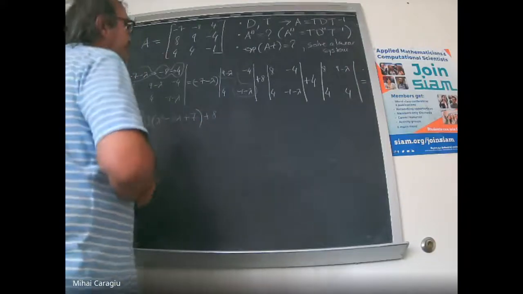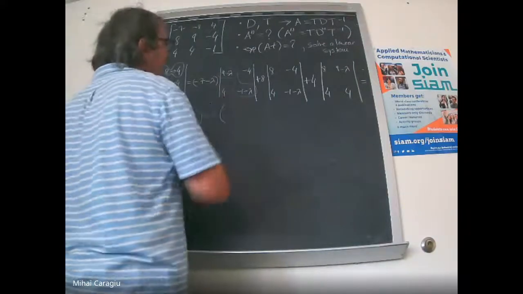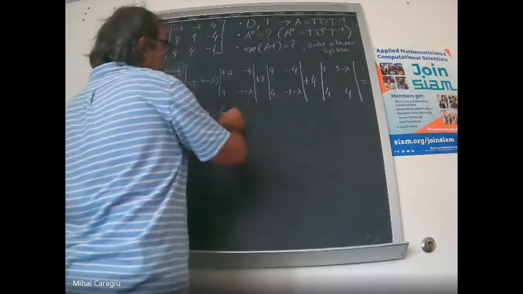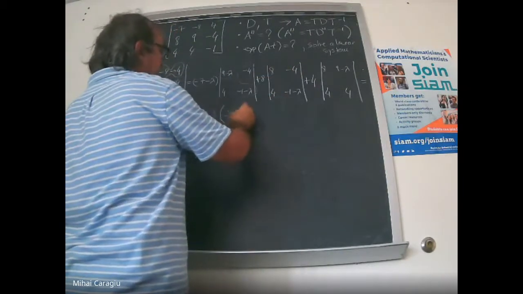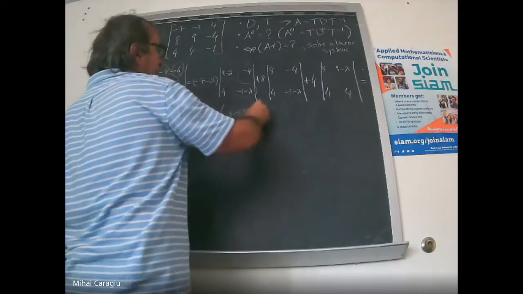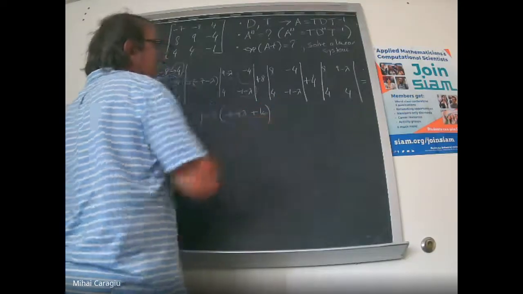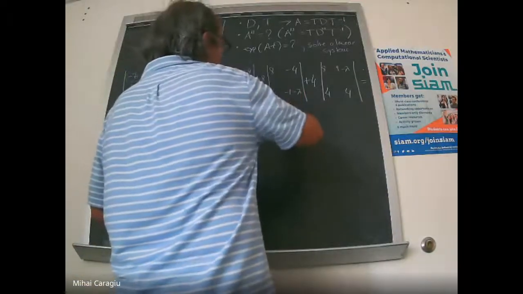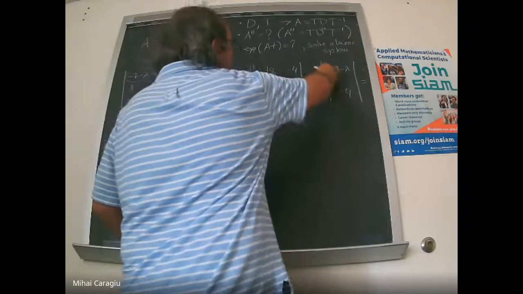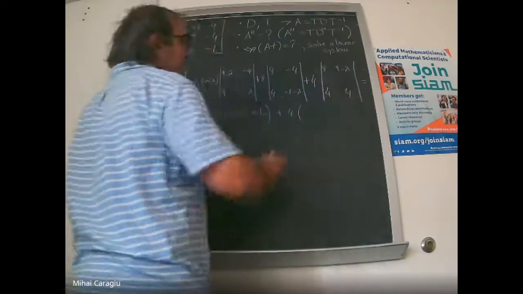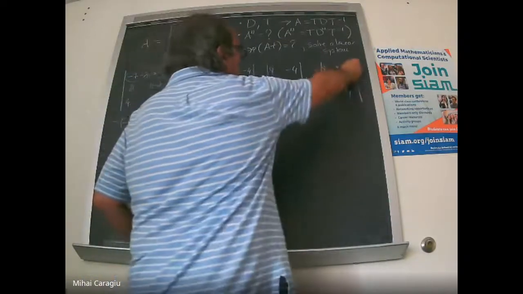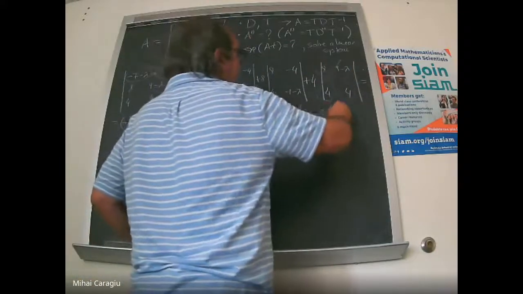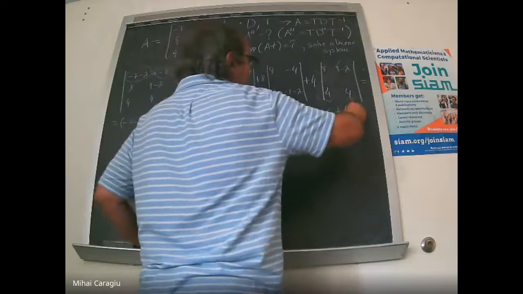Okay, plus 8 times, if I take the product of the diagonal elements, we get minus 8 lambda plus 16. Then plus 4 times, 8 times 4 is 32, minus the product of the other two, minus 36, minus 4 lambda plus 4 lambda.